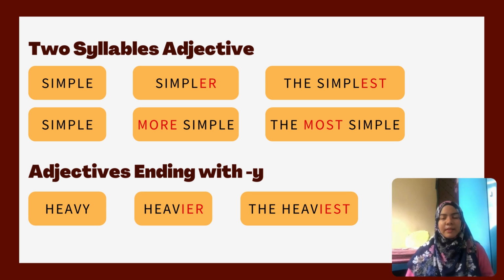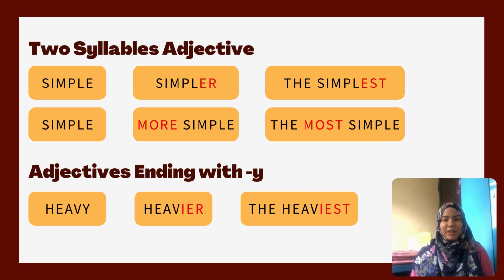For example, here, heavy. Before we can make the comparative form, we have to change the y to i before adding the er. Heavy will become heavier. And then for the superlative, we will have the heaviest.